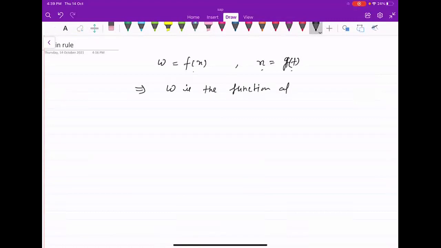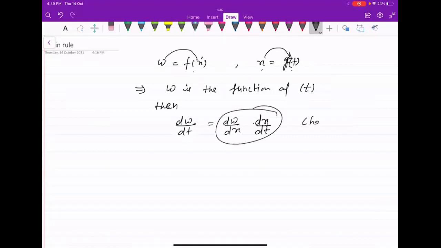Then we can compute dw by dt as follows: first w is associated with x and then x is associated with t. So first of all, we have to differentiate w with respect to x and then x with respect to t. So this is called the chain rule in one dimension. It's simple.